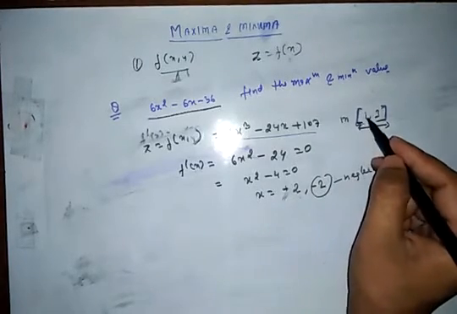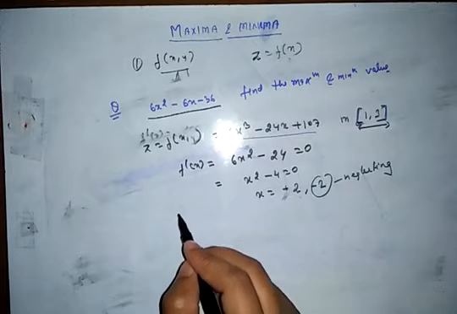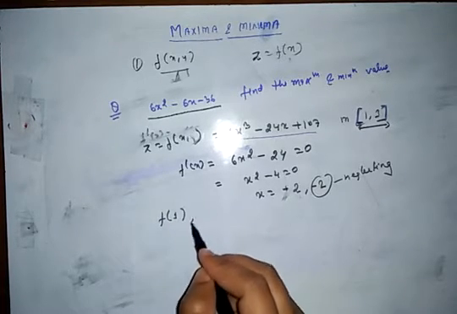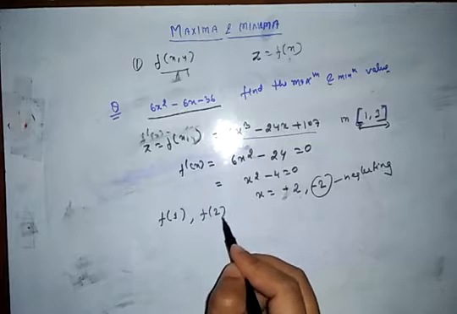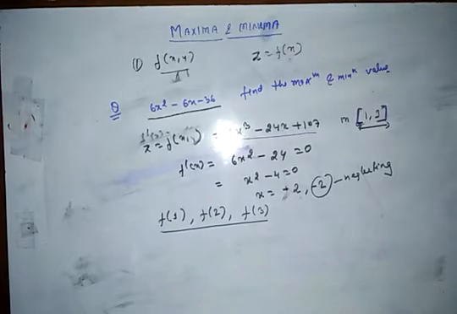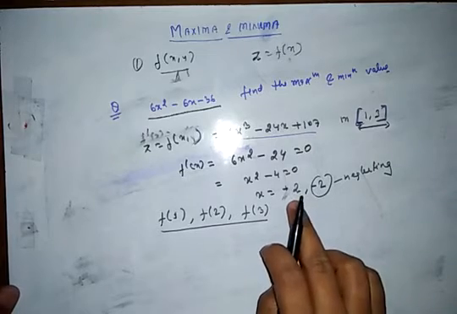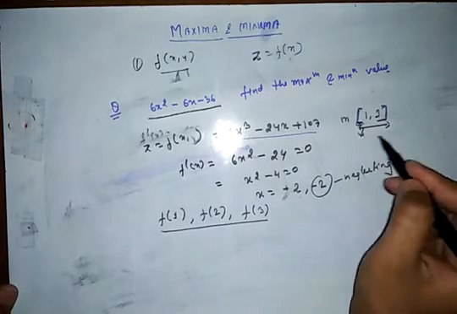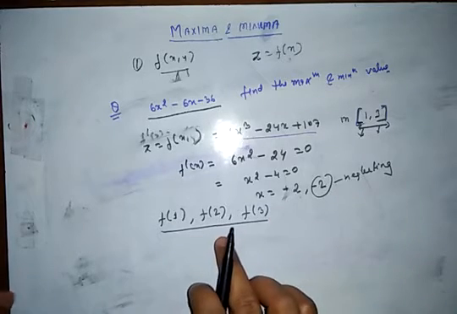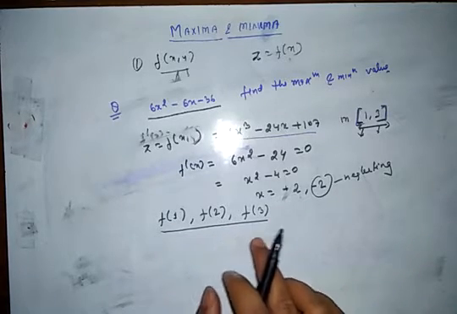So this is the problem of global maxima and minima. We have to find f of 1, f of 2 and f of 3. We have found one stationary point, but we will also include 1 and 3, compare these three and find the maximum and minimum value.